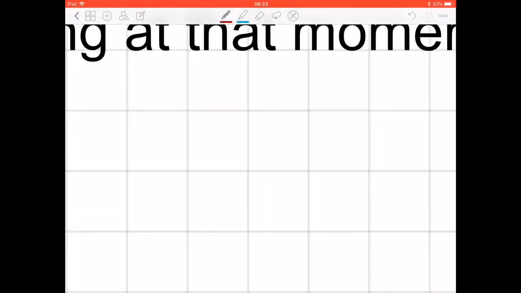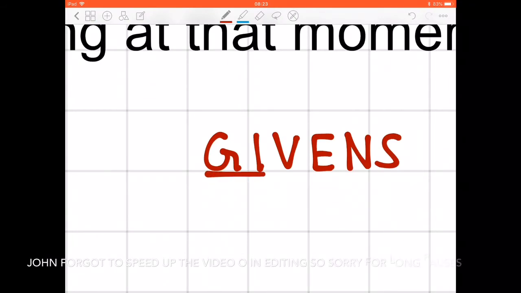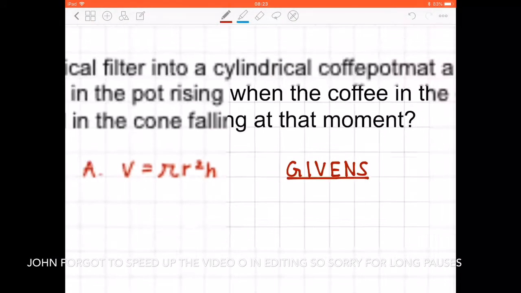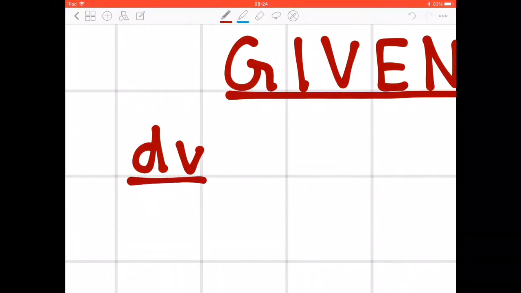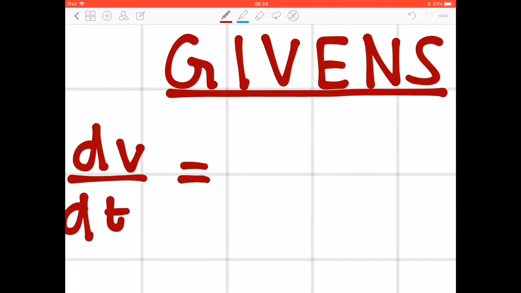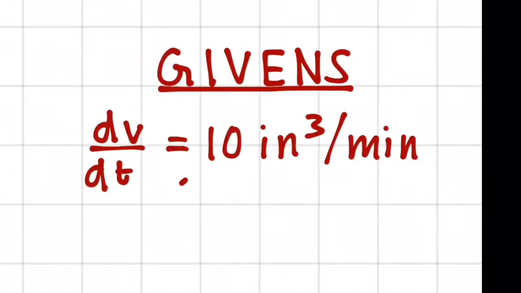The givens for this cylinder are dV over dt equals 10 inches cubed per minute.